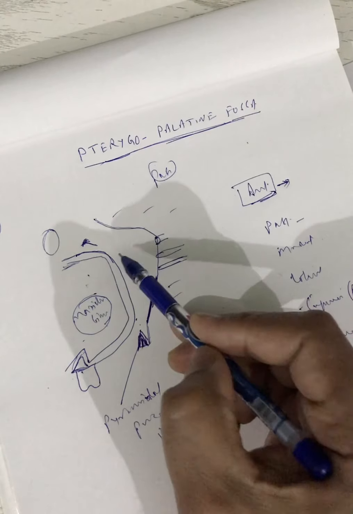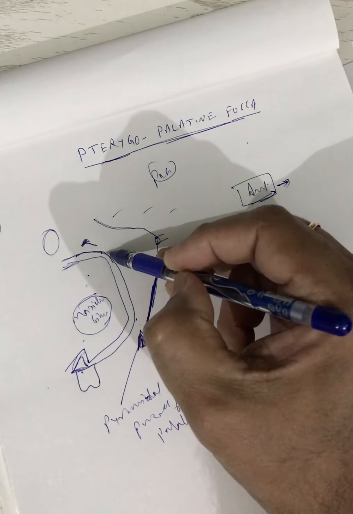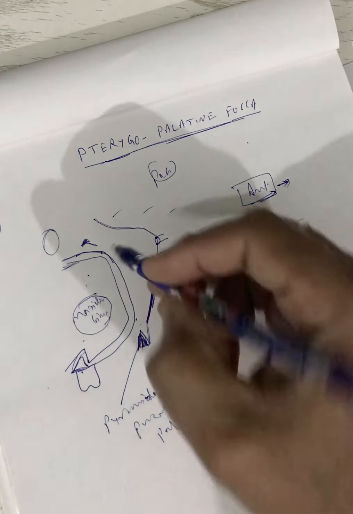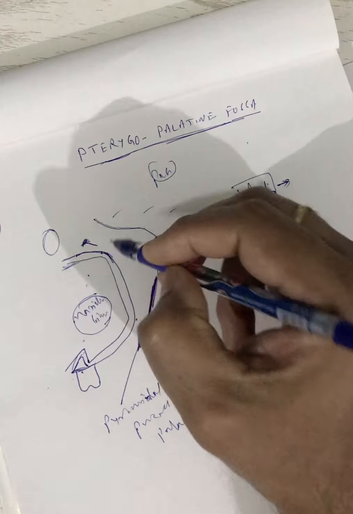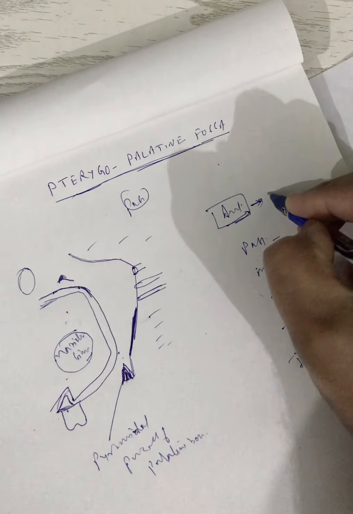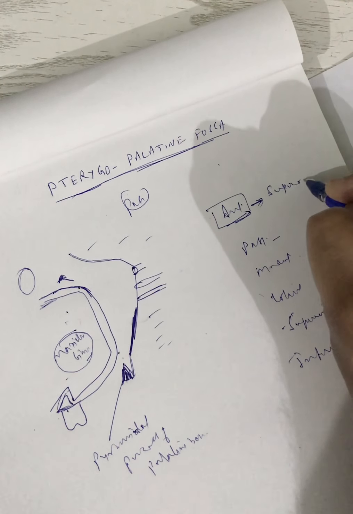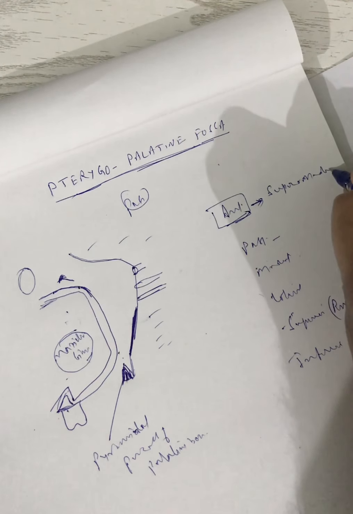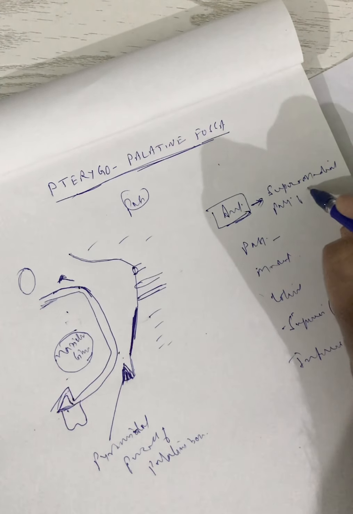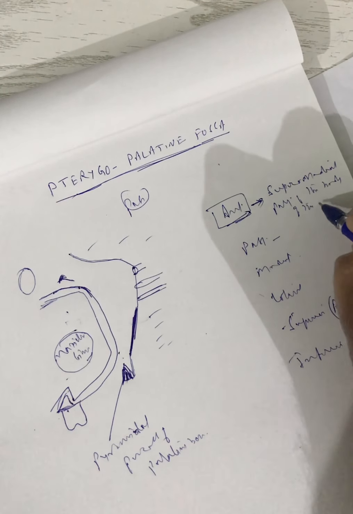So the anterior boundary of the pterygopalatine fossa is formed by the superior-medial part of the posterior part of the body of the maxilla.